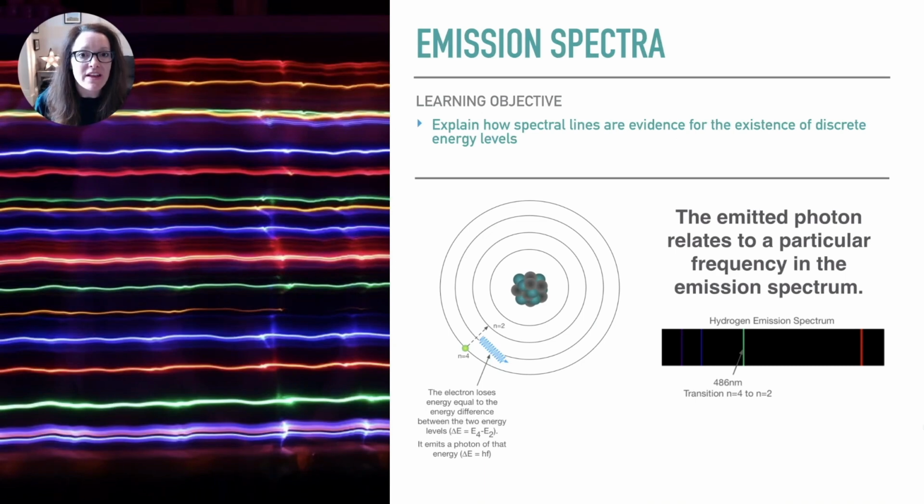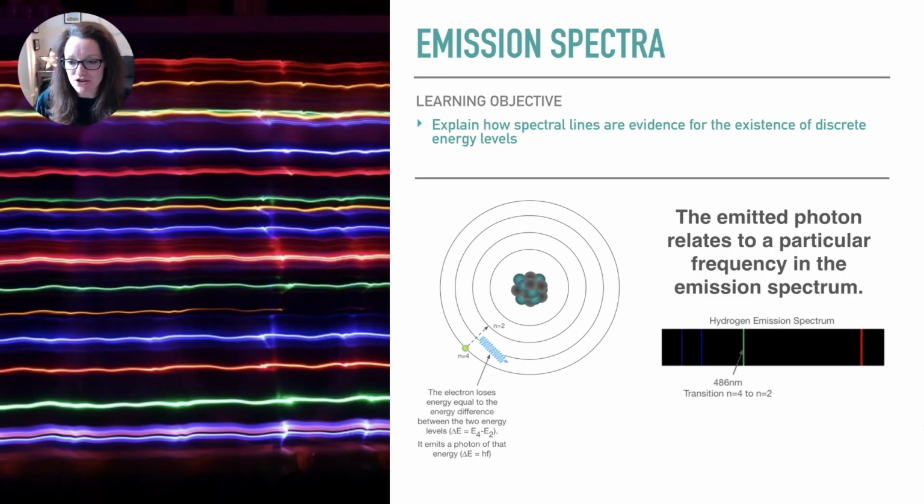And we know that a photon is a packet of light. It's a unit of light. So whenever an electron goes down energy states, it gives out a packet of energy that relates to a photon.